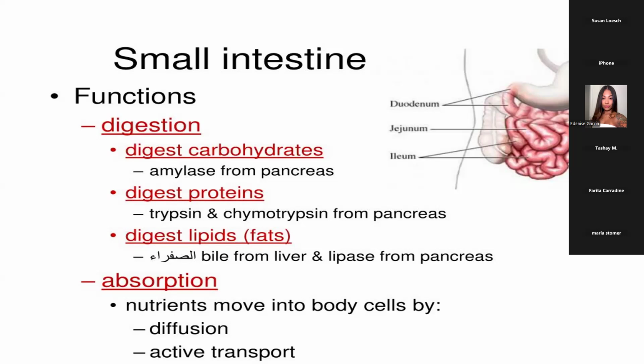Active transport means what? Energy. They need energy. But things like alcohol and some other products go by diffusion. So that means they can easily go into the system. They don't need any extra energy.